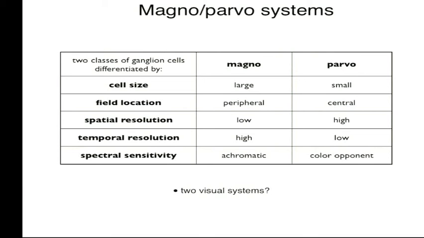So, here's another place where there's this breakdown of the idea of the visual system as a camera, right? If you think about the visual system in this way, there are, in a sense, two visual systems superimposed on each other at the same time.